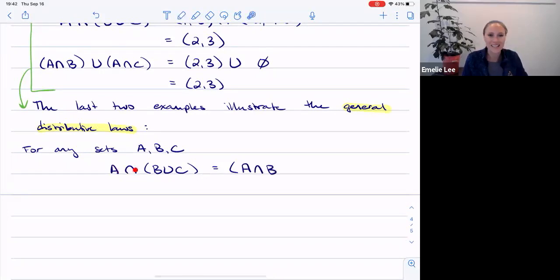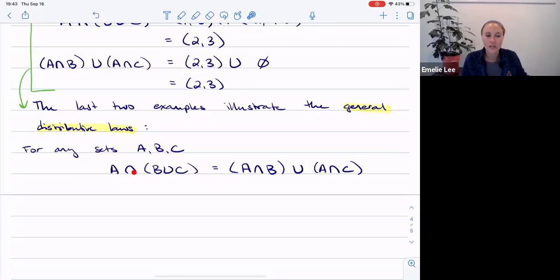So the A and attaches to the B, but in brackets, or, and then the A and attaches to the C, and that's how we distribute it. A and C. Okay, good. So that's what the intersection, or and, does.